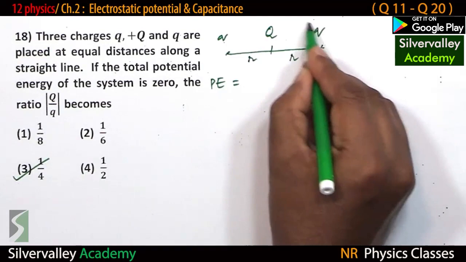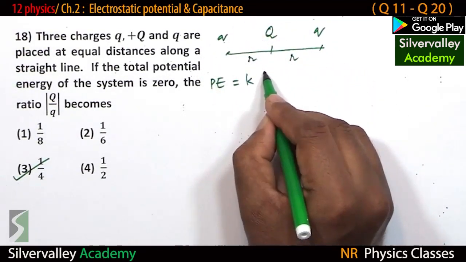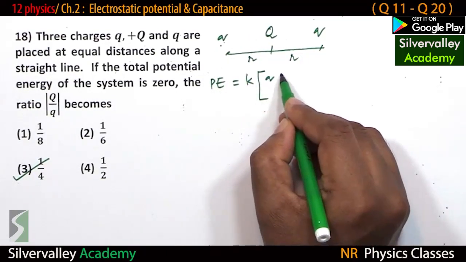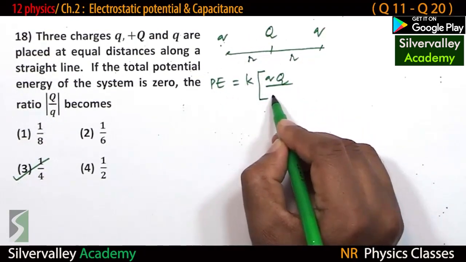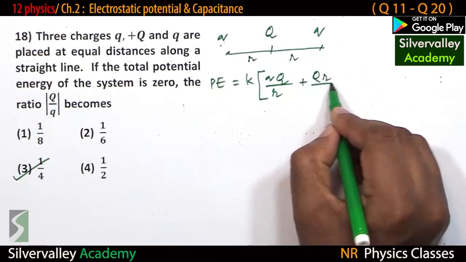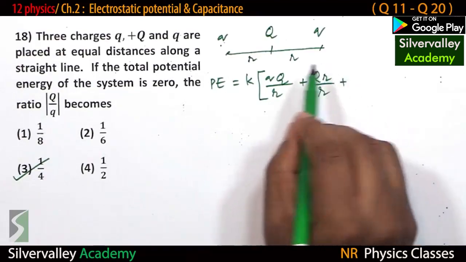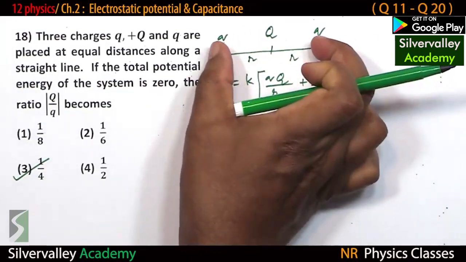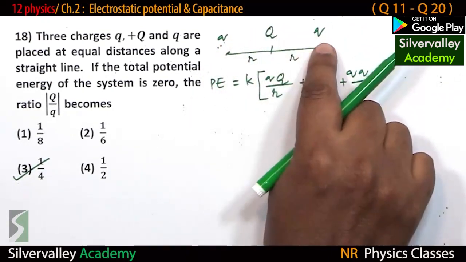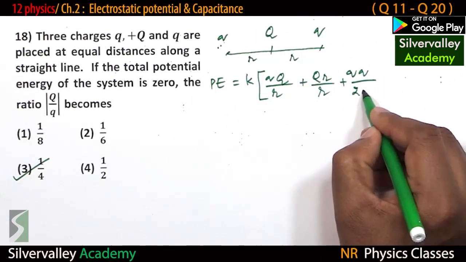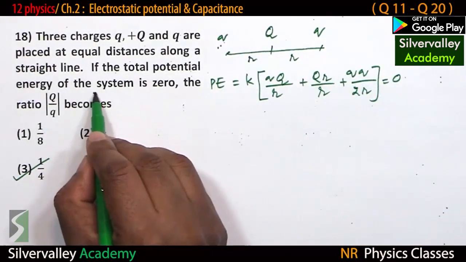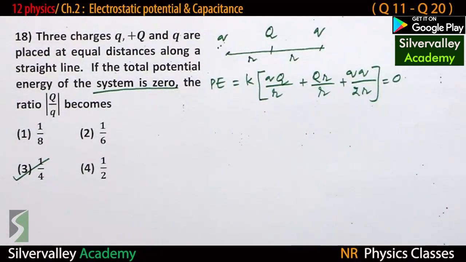Potential energy of this system means constant times q1 q2 by distance plus q by distance plus q by these two charges, distance is 2r, equal to 0, because it is given that potential energy of the system is 0.